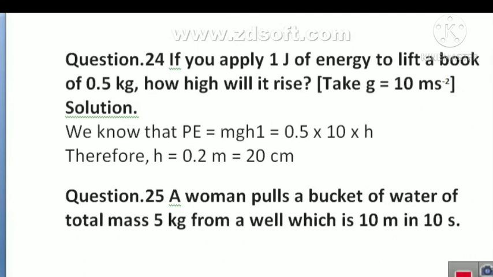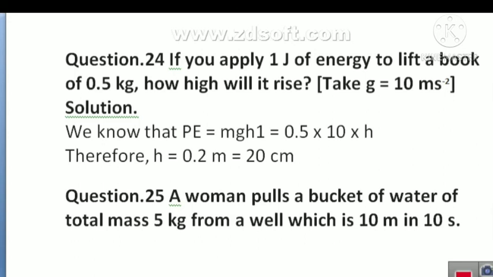Apply 1 joule of energy to lift a book of 0.5 kg. How high will it rise? Take g is equal to 10 meter per second square. So solution: potential energy will be equal to m into g into h.